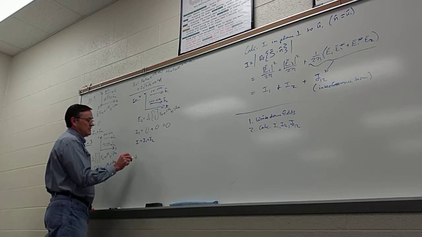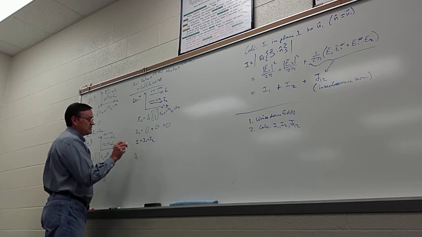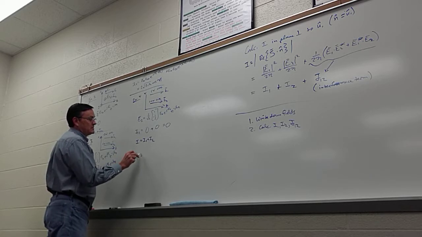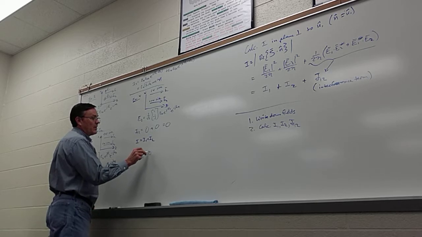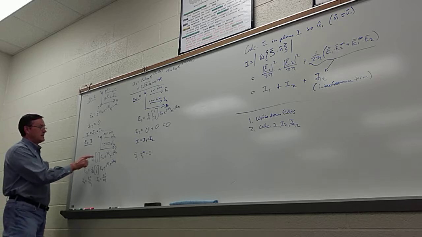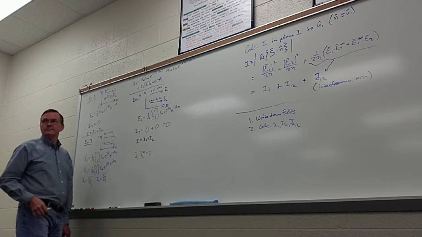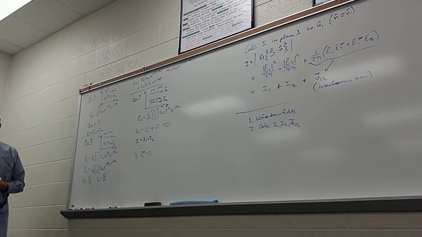We have some Jones vector dotted into some other Jones vector's complex conjugate. If they're orthogonal, it's 0. So take this, dotted into the complex conjugate of that, 0. That is orthogonal.